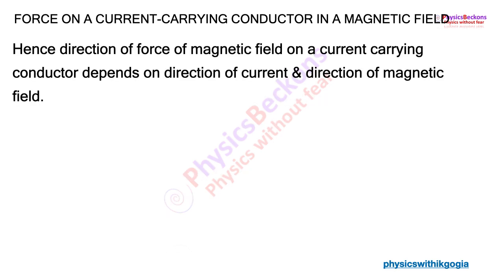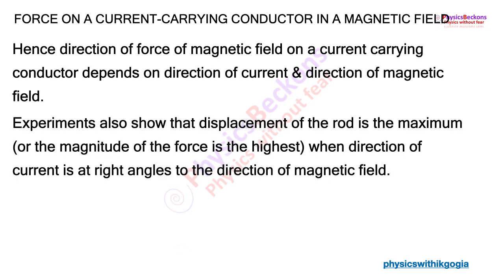So conclusion, the direction of force on current carrying conductor depends on direction of current as well as the direction of the magnetic field. You may change magnitude of current, you may change the strength of the magnetic field by using a stronger horseshoe magnet and observe the effect on the force.